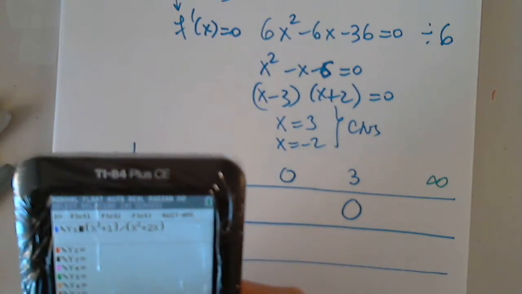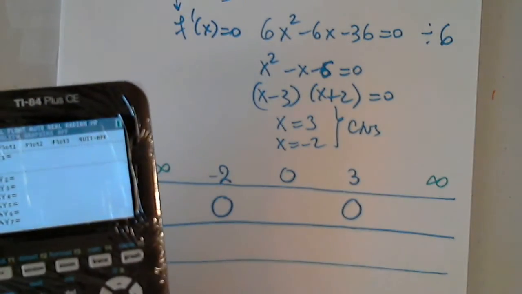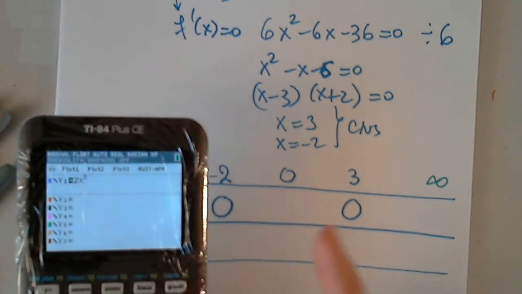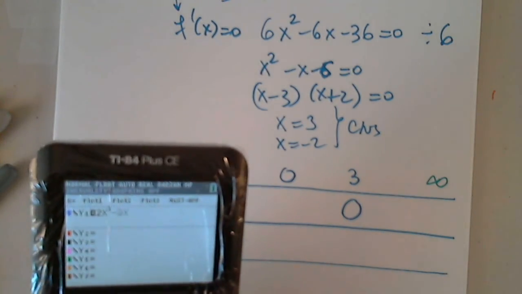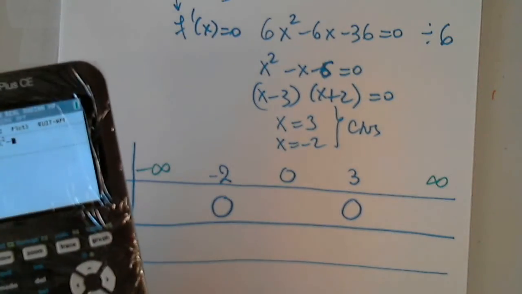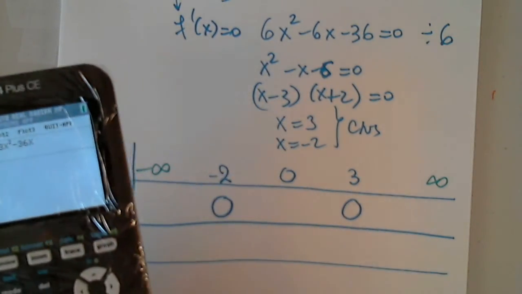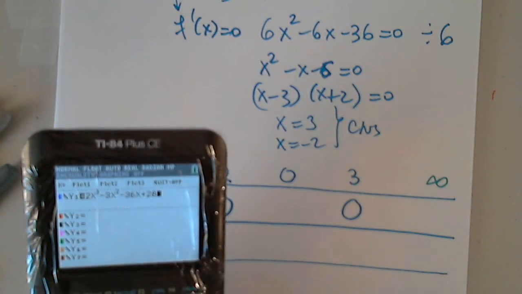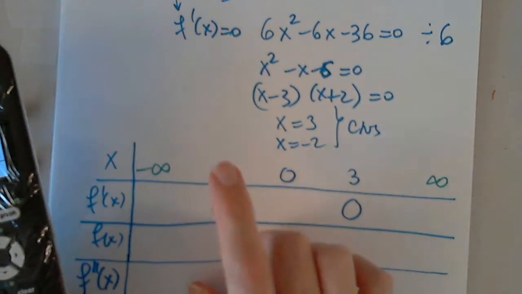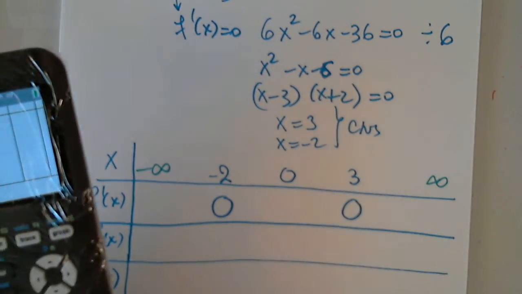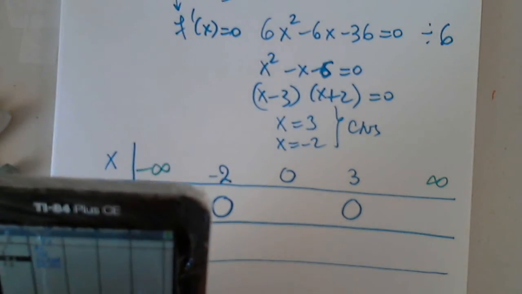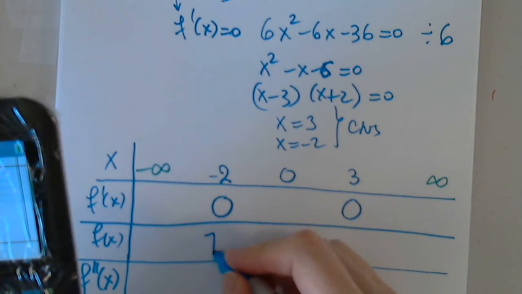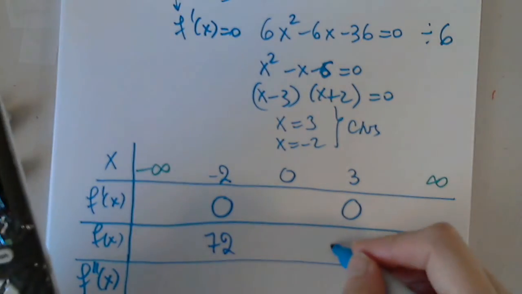So in y equals, I clear whatever I have, and then I enter 2x to the third, minus 3x squared, minus 36x, plus 28. Making sure I put it correctly, yes. Second and table, and I only want -2 and 3. And I got 72 and -53.